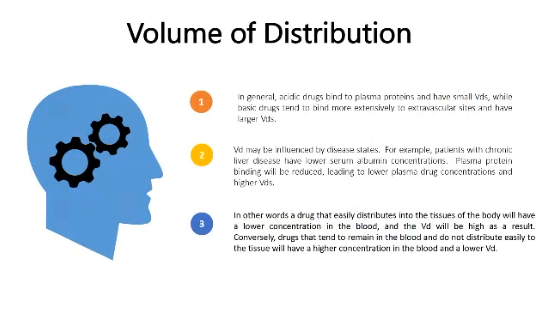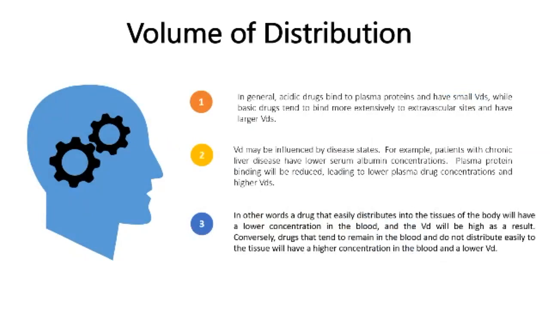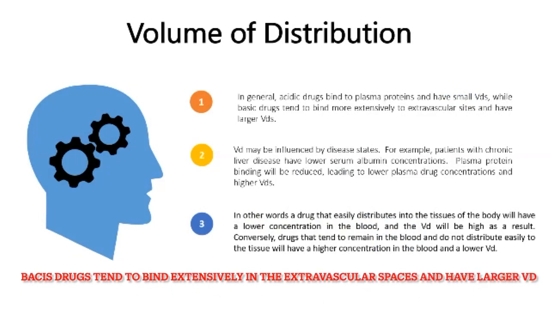Okay, in general, acidic drugs bind to plasma protein, generally speaking, not all the time. And if they bind to plasma protein, we're expecting that they should have small VDs, while basic drugs tend to bind more extensively in extravascular sites, that means away from plasma, and would tend to have larger VDs.